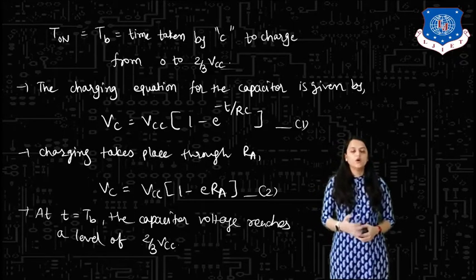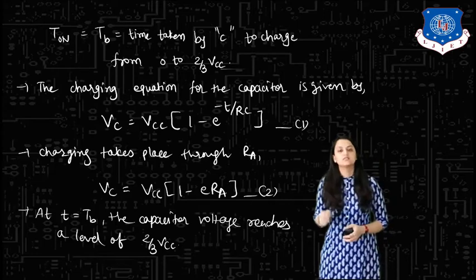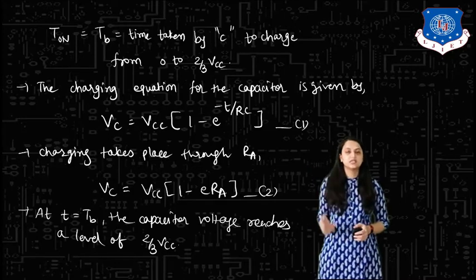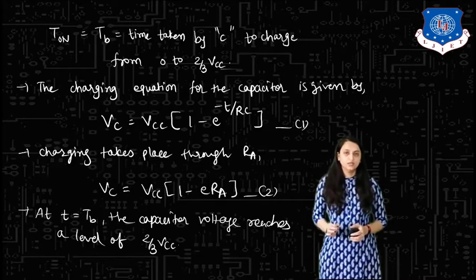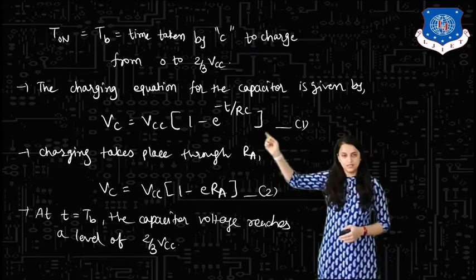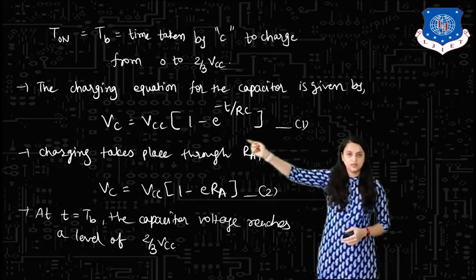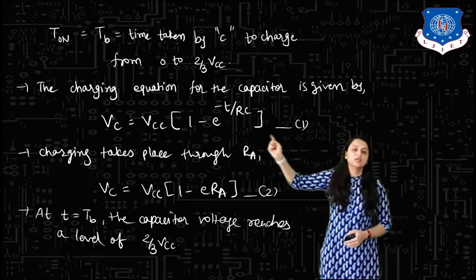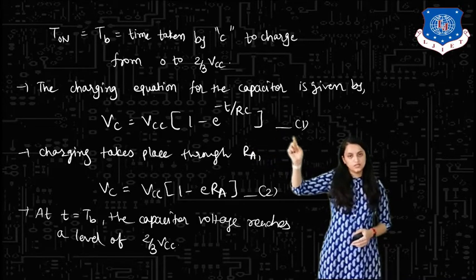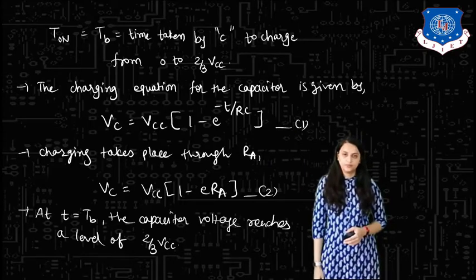Let us see the on time or bit duration, which is the time taken by the capacitor to charge from 0 to 2 by 3 VCC level. So here the charging equation for the capacitor is given as VC equals VCC into 1 minus e raised to minus t by RC, where RC is the charging constant. Let us give this as equation number 1.